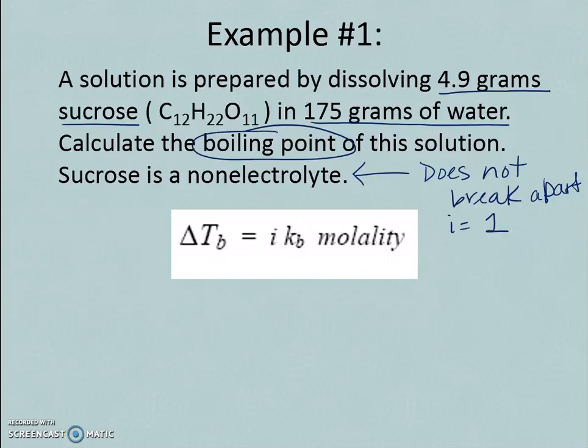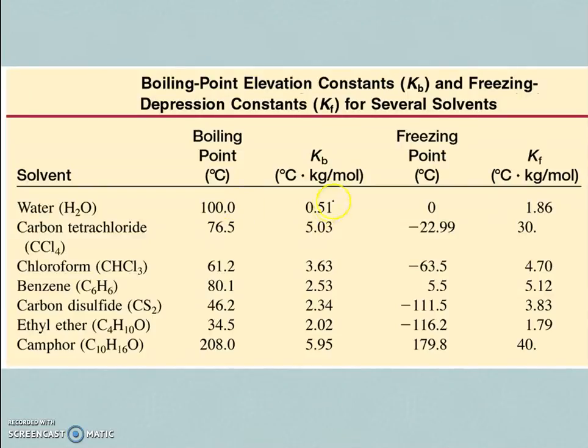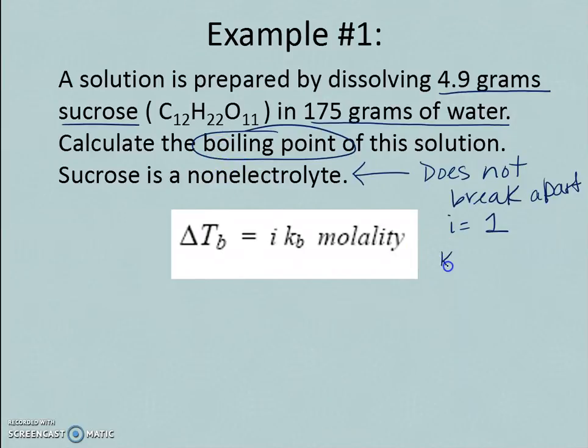When we look at our chart, our Kb value for water is 0.51, in degrees Celsius times kilograms per mole.